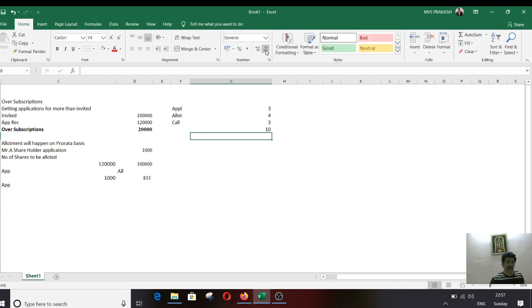The company should receive applications for 1 lakh, but it has received applications for 1 lakh 20,000. That means I got some money extra on these 20,000. Two possibilities: the company can refund this 20,000 into 3 rupees to the shareholders, or adjust. I can adjust because I am allotting the shares to you.